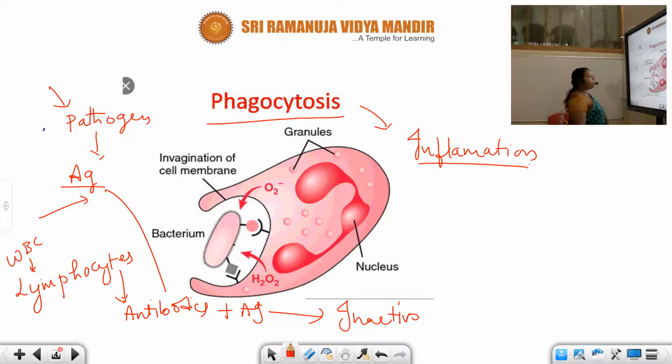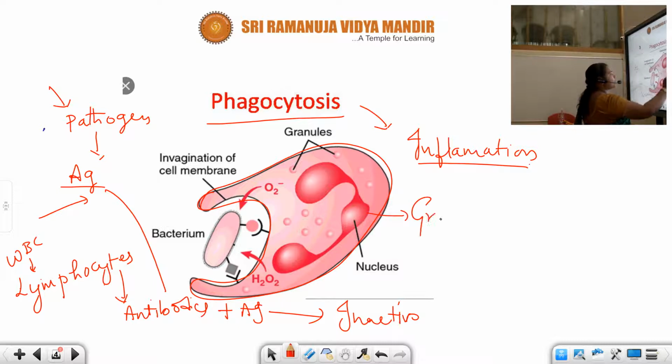See students, here this is a granulocyte, one of the WBC we can call. This WBC is going to eat this bacterium.